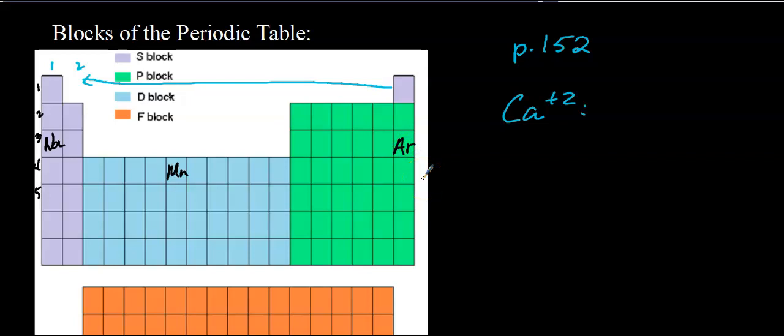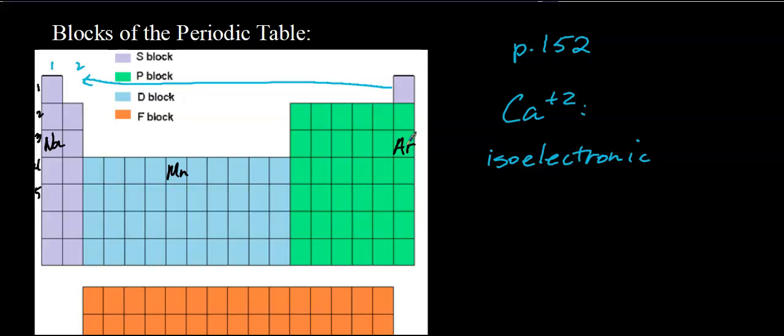So the calcium ion and argon are isoelectronic, meaning they have the same electronic structure. So let's use a periodic table and see what that is. 1s2, 2s2, 2p6, 3s2, 3p6. If you count that up, that's going to be 18 electrons, same as the Ca+2. That's what we're looking at.